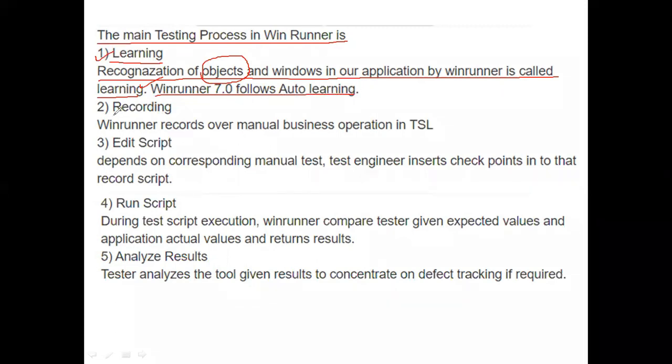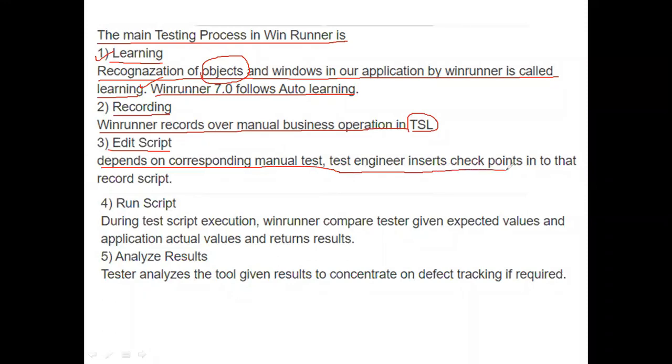The second step is recording. WinRunner records our manual business operations in TSL, the test script language. Then edit the script: depending on the corresponding manual test, the test engineer inserts checkpoints into the recorded script. The first one is learning, which is recognizing the objects.